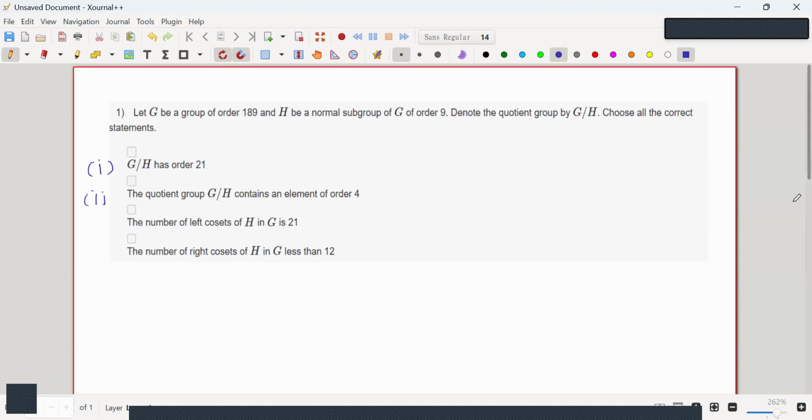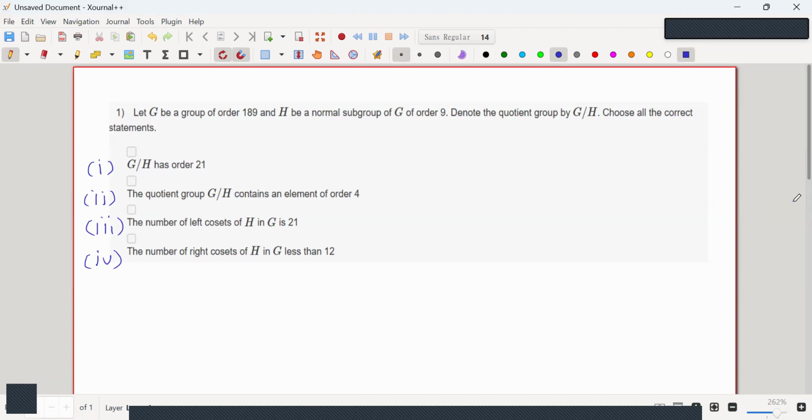Second, the quotient G by H contains an element of order 4. Third, the number of left cosets of H in G is 21. And fourth, the number of right cosets of H in G is less than 12. So we can start with the first part.